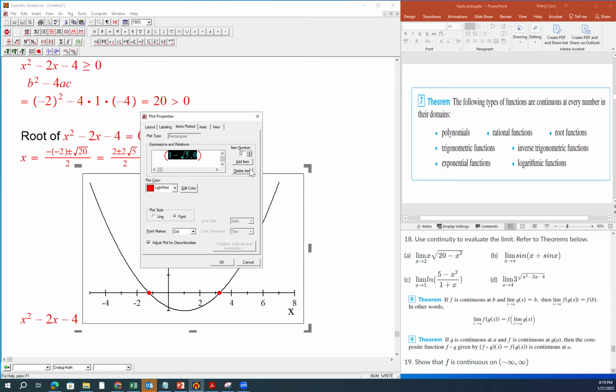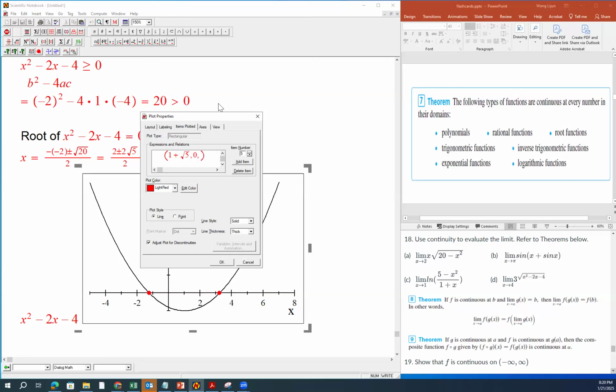It will be two bars, right? From negative infinity up to 1 minus root 5, a solid, thick line, and the other one starting at 1 plus root 5.